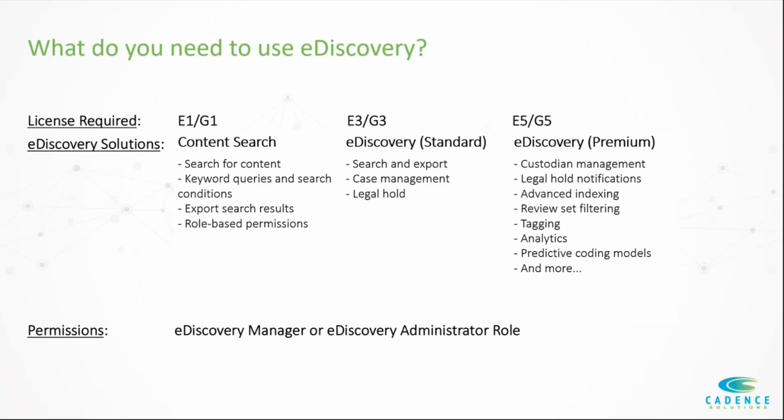If you have an E3 or G3 license, you can use the standard eDiscovery, which allows you to have basic case management features with legal hold capabilities. Now, with the E5 or G5 license, you can use the premium eDiscovery solution, which has all the functionalities that make it so amazing.